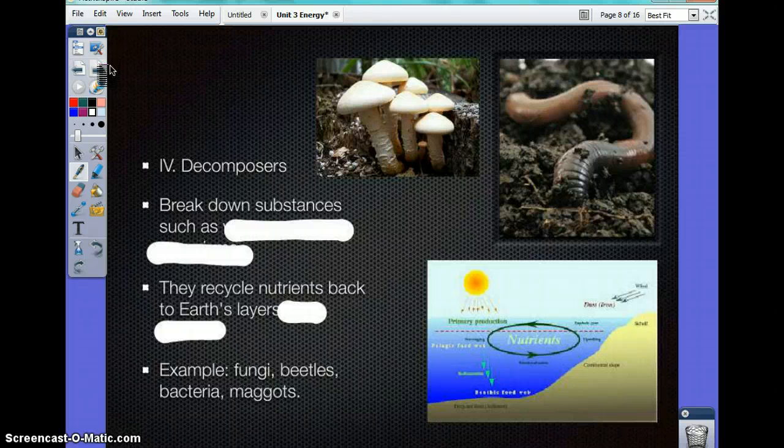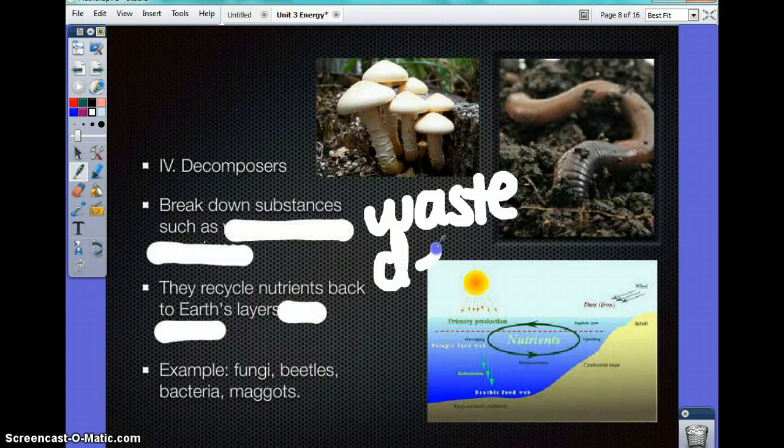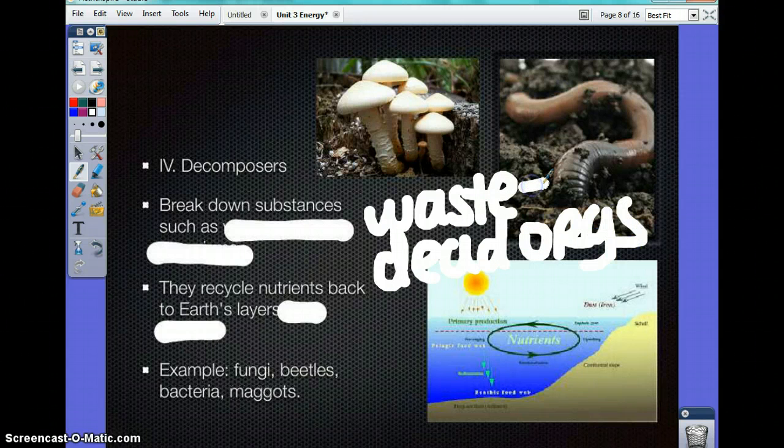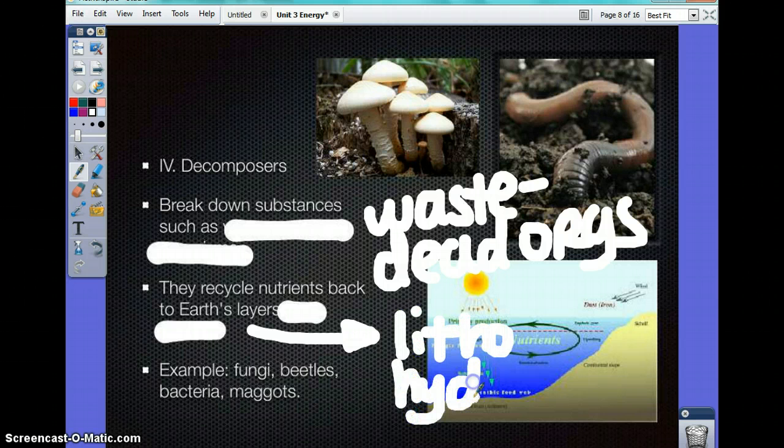Okay, and then decomposers break down substances such as what? Feces, waste and dead organisms. They recycle nutrients back into the Earth's layers like the lithosphere and hydrosphere. What nutrients?